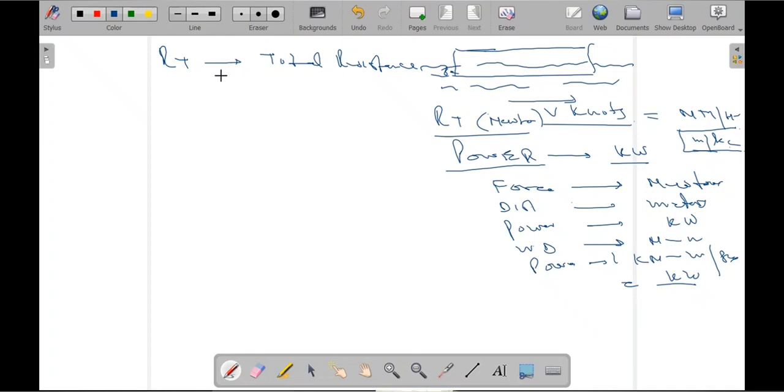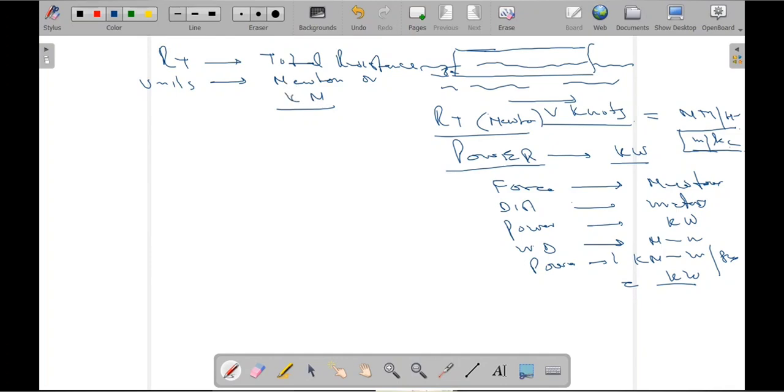So this resistance, what should be the unit of measurement? Because resistance is a force, and therefore its units will be Newton, because Newton is the unit for force, or kilonewton. So 1000 Newton is 1 kilonewton, and accordingly we can use Newton, or both are okay.